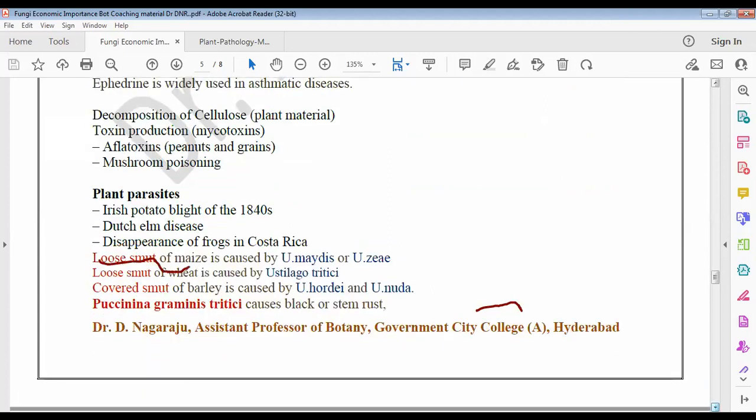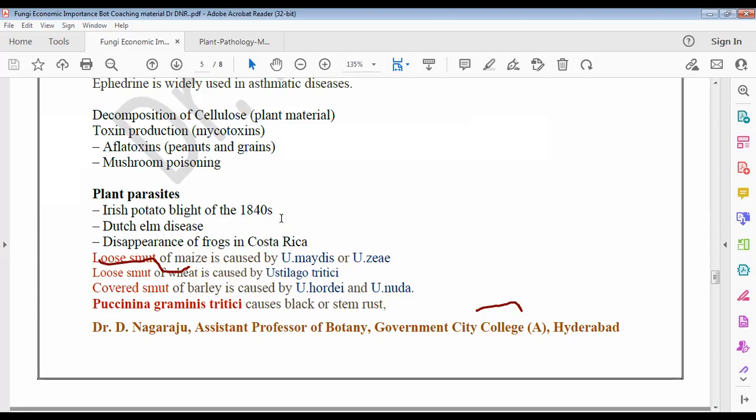Now we are going to the historical aspects. The Ireland famine was caused by late blight of potato, caused by Phytophthora infestans. It caused the Irish famine in 1845 to 46, two years.